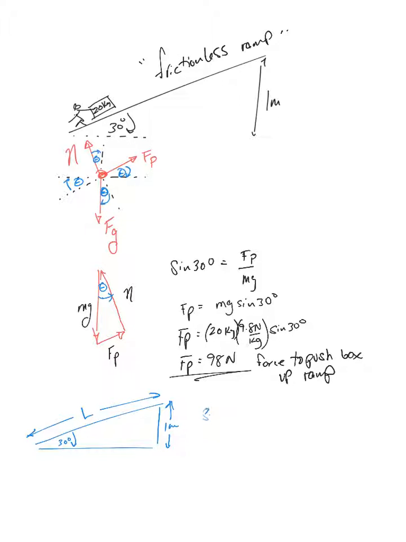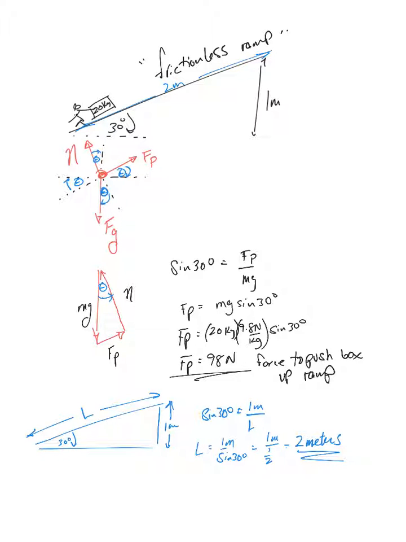So let's see, sine 30 degrees is going to be 1 meter over L, solve for L. L is going to be 1 meter over sine 30 degrees. That's 1 meter divided by 1/2. That's going to be 2 meters. So that's the distance of the ramp. This distance here is 2 meters that the block gets pushed.